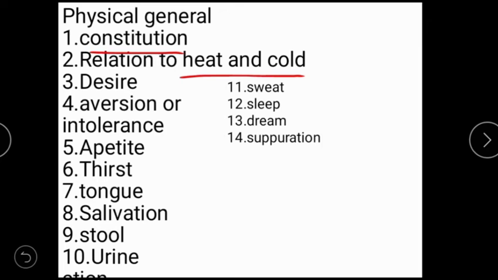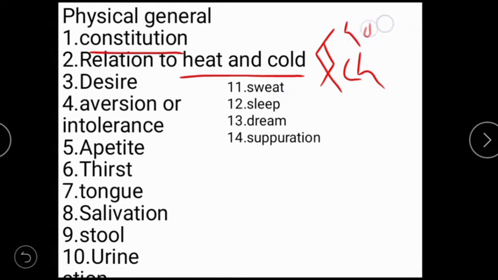Those persons we call chilly are aggravated by chill, meaning their condition becomes worse by cold application, that is the chilly patient. So by relation to heat and cold we can distinguish which type of patient, hot or chilly.